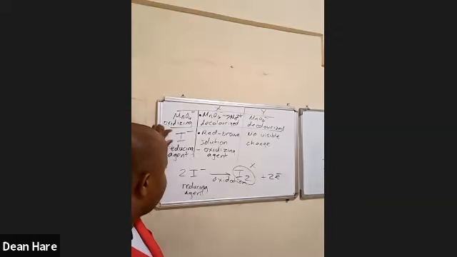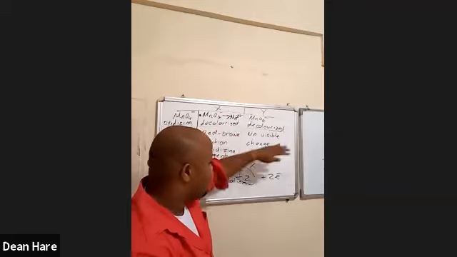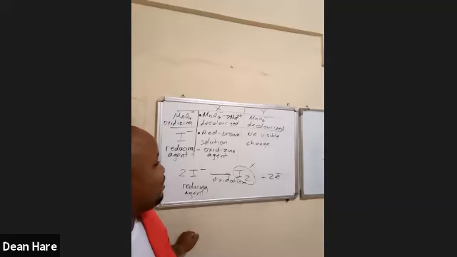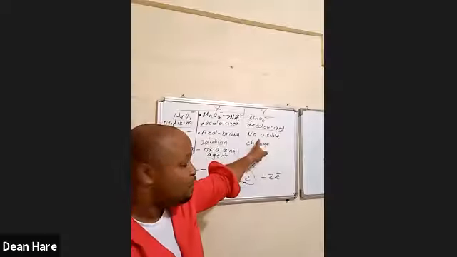agent. So if the iodide ion is a reducing agent and you add it to Y and nothing happens, that means Y is what? Reducing agent. It is a reducing agent. That is why nothing happened.